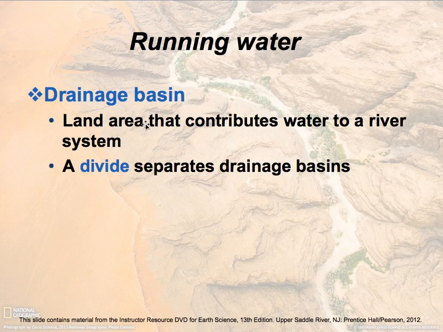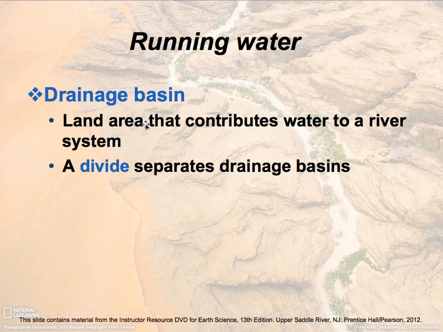When we talk about running water, we often think of it in terms of drainage basins. That is, areas defined as areas that contribute water to a river system.